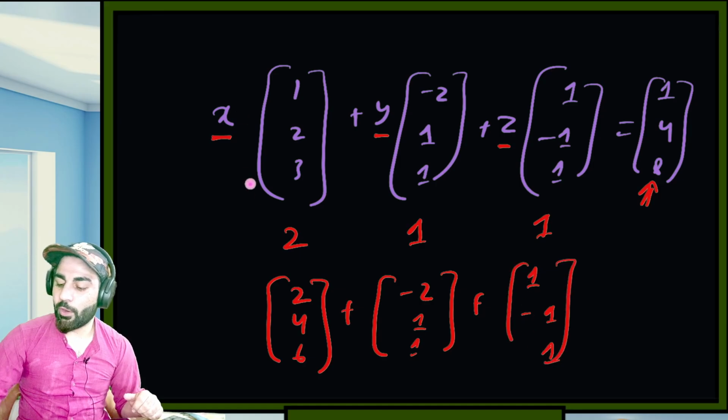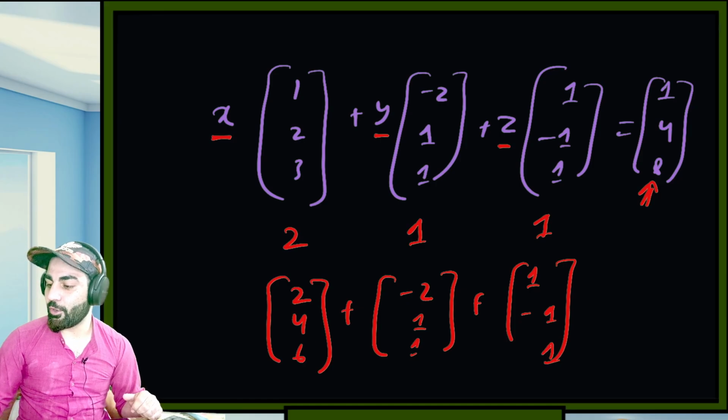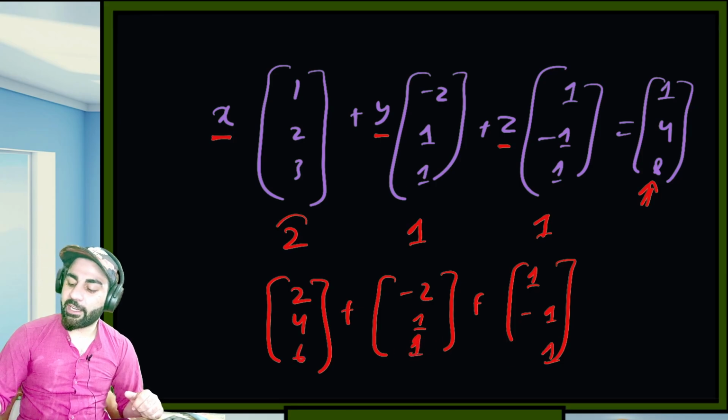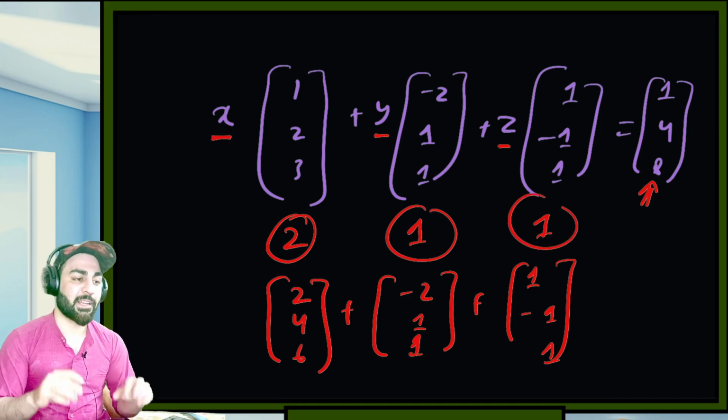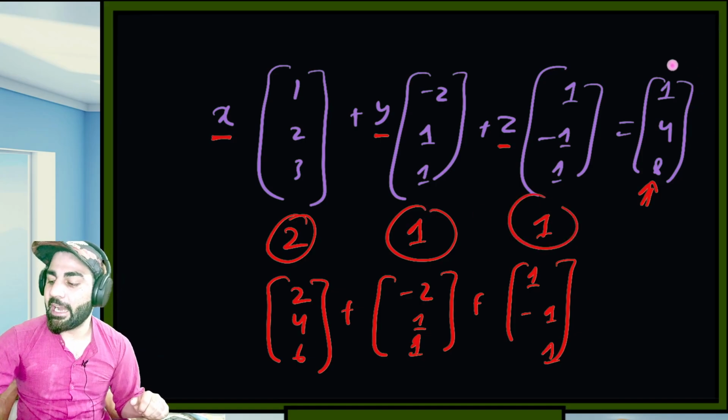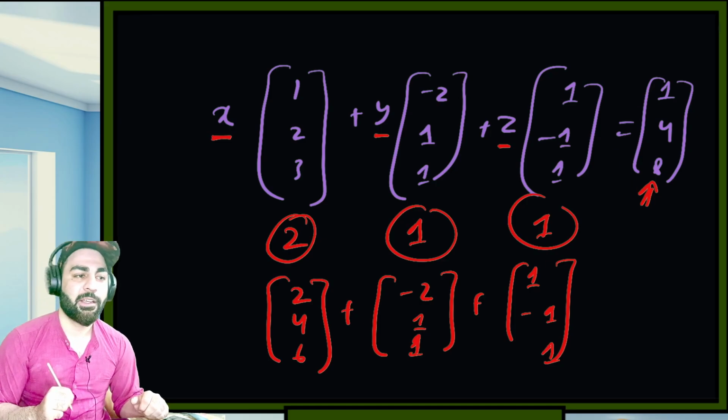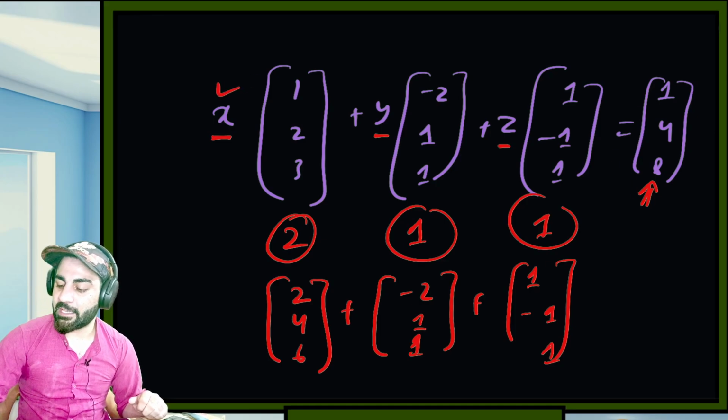So 2 minus 2 plus 1 is 1, 4 plus 1 minus 1 is 4, and 6 plus 1 plus 1 is 8, yes. So if I take this linear combination, 2, 1 and 1, I land here. This is the solution: x, y, z is 2, 1, 1.